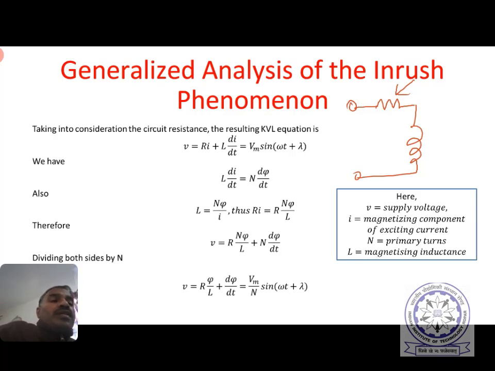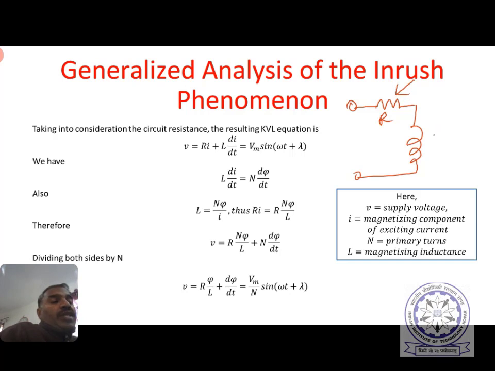Therefore, I represent all these losses by some resistance R in series. Of course, in the equivalent circuit it is a different representation: the core loss component is in parallel to the inductance, and the winding resistance is in series. But here I am representing the overall loss in the transformer with some R in series.